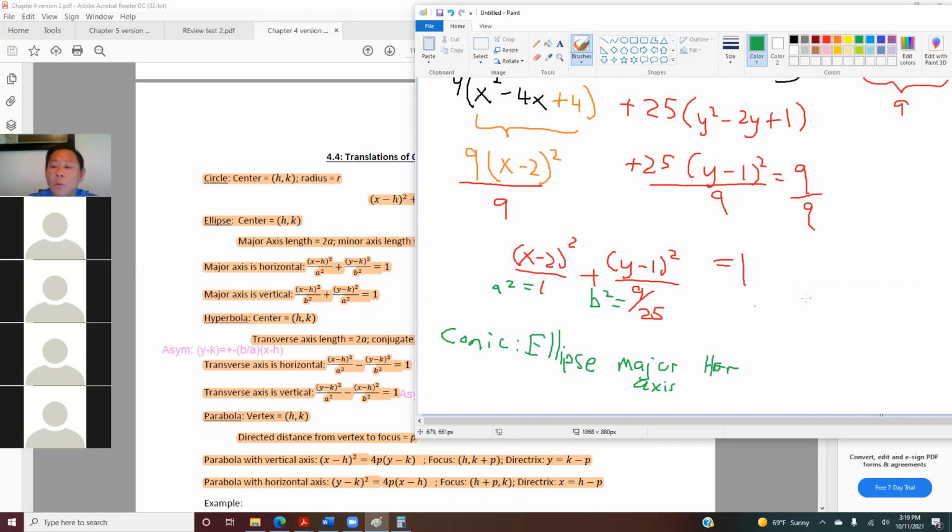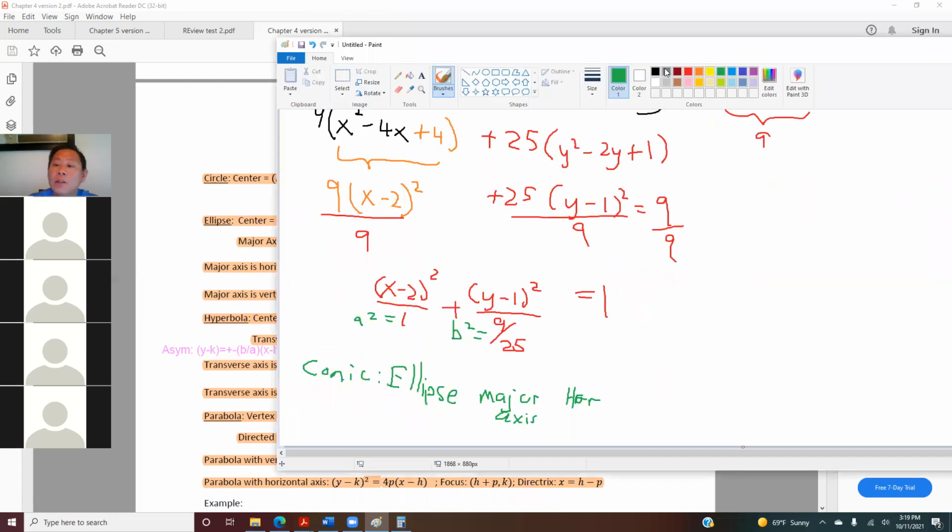Once you get this, you need to figure out your center of the ellipse. How do you figure out your center? It's (h, k). This is your h, this is your k. So what is your center in this case? (2, 1), right?